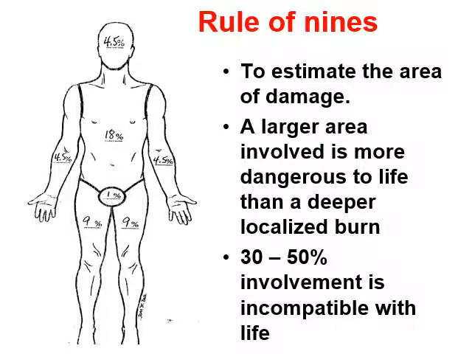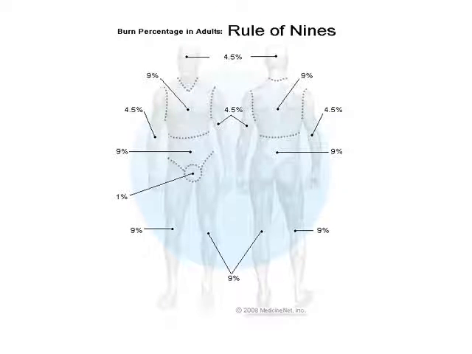So what we will do about these lines, we will now measure or calculate the burned body area, because we must know that a larger area involved of the body means it is very dangerous to life, and 30 to 50% involvement for the body surface area may be incompatible with life. Let's see this one.